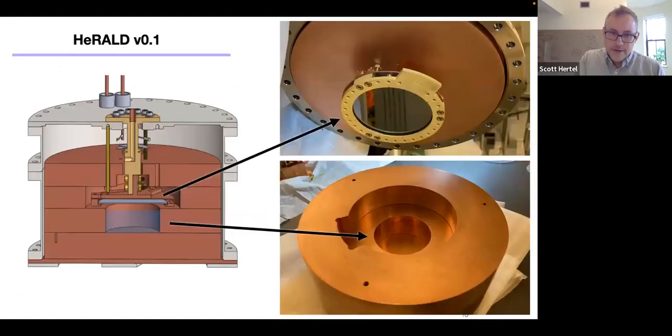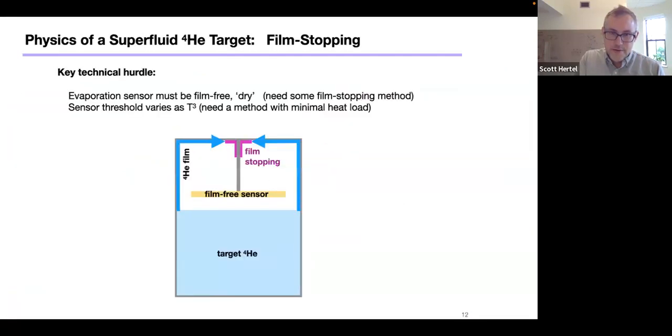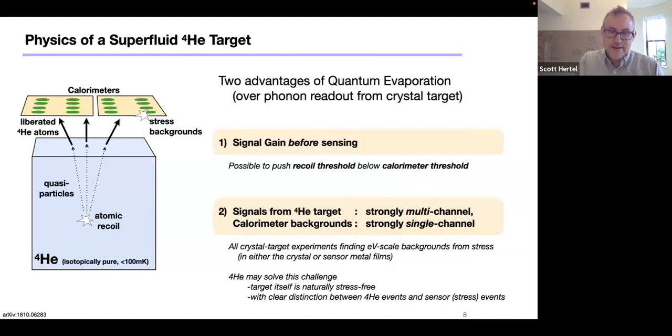So I have a couple answers to that. First, I'm very excited to be in that regime. Once we're into that regime, a higher fraction of our recoil energy goes into quasiparticles, right? Once you're below 20 eV, 100% of your recoil energy goes into quasiparticles.